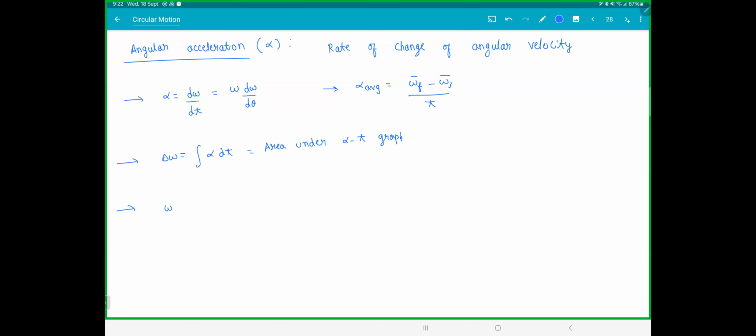Similarly, omega final square minus omega initial square by 2 is integral alpha d theta. So if you take area under alpha and theta, this will give you v square minus u square by 2.